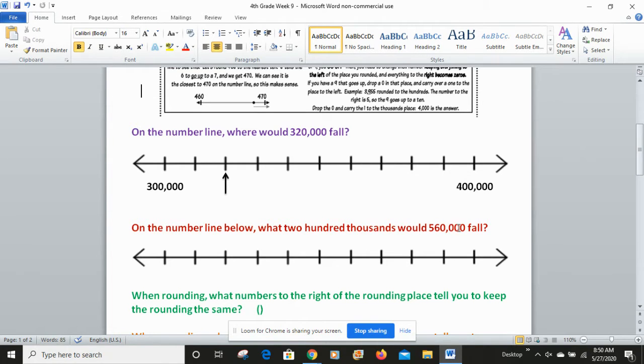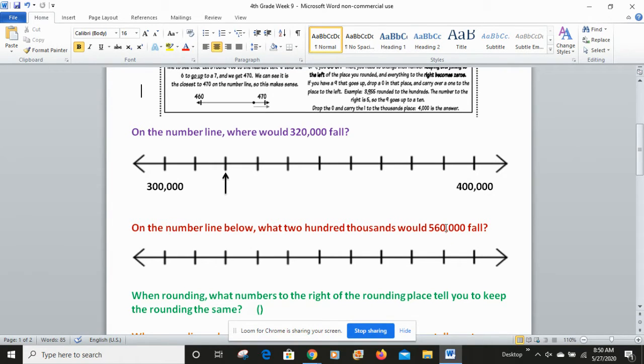Just for a minute, I'm going to pretend like those zeros didn't exist, and look at the number 56. Well, would 56 fall between 10 and 20, 20 and 30, 30 and 40, 40 and 50, 50 and 60, 60 and 70, and so on? I think we all could agree that 56 would fall between 50 and 60.